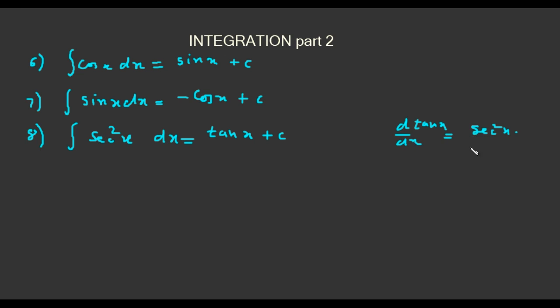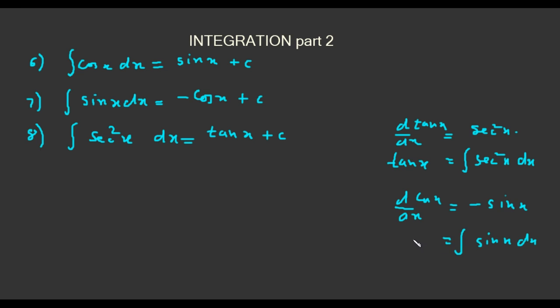Therefore, the integration of sec square x with respect to x is tan x. And similarly, derivative of cos x with respect to x is minus sin x. So integration of sin x with respect to x becomes minus cos x, as in this case.